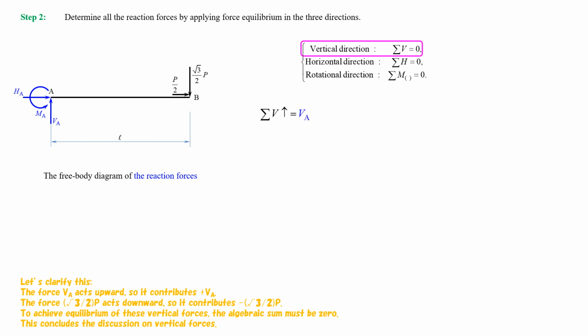The square root of 3 divided by 2, multiplied by P, acts downward, so it contributes minus the square root of 3 divided by 2, multiplied by P. To achieve equilibrium of these vertical forces, the algebraic sum must be 0. This concludes the discussion on vertical forces.